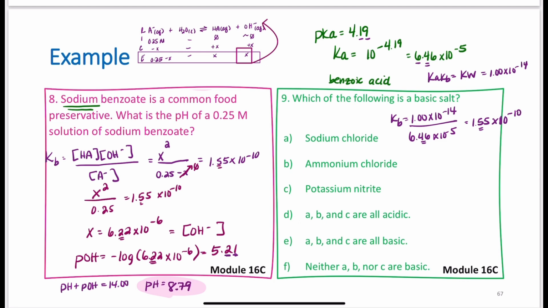If you had to check your 5% rule, remember the 5% rule is you take the value of x, the value you've ignored, and you divide it by the value you've ignored it from.